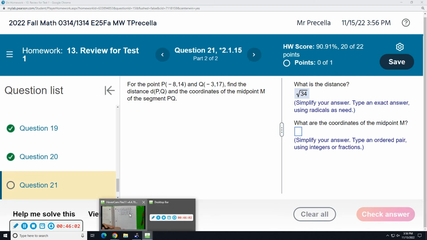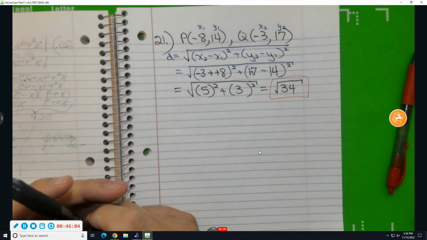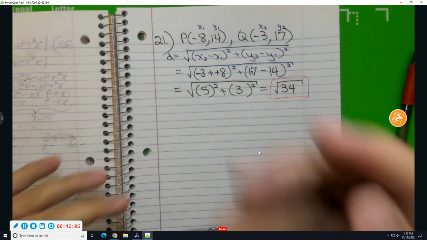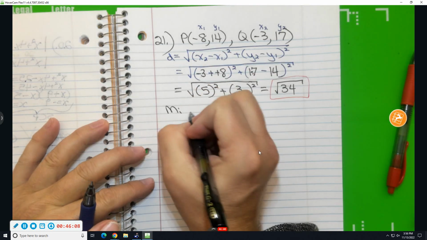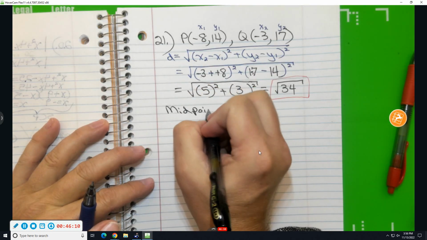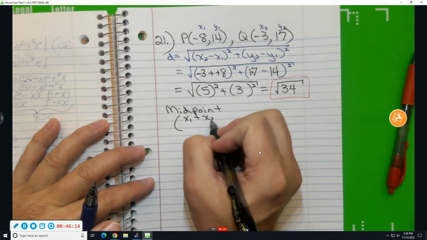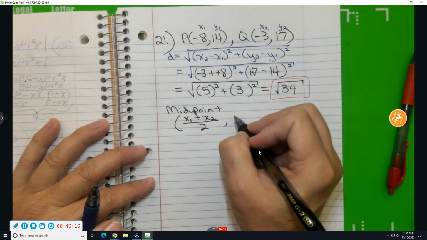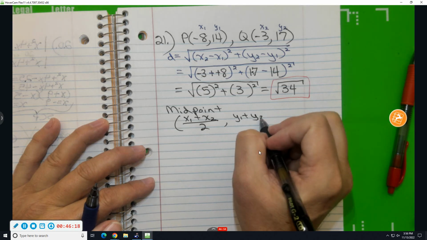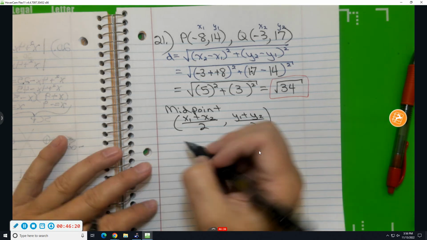Now we need the midpoint. Remember, for the midpoint, you average the x values and you average the y values. That's all you're doing. You're averaging, that means you're adding them up, divide by 2, add them up, divide by 2.